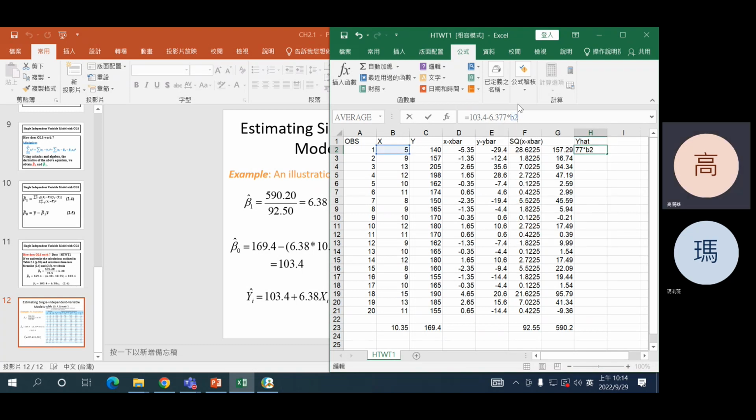But I have to use Y, right? So which is C2. C2 minus this. Okay, this is Y hat. Is this the same as what I did here? Oh, I'm sorry. This is just Y hat, so I don't have to do the C2 here. This is for the residual. I'm sorry.